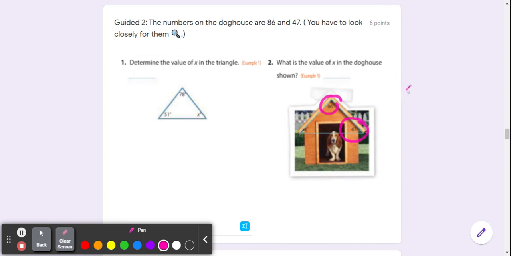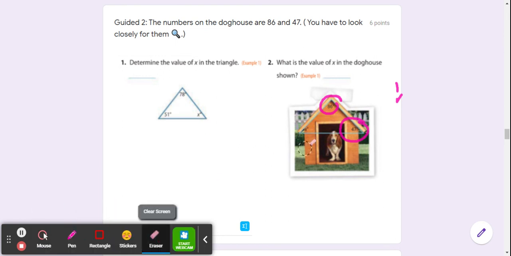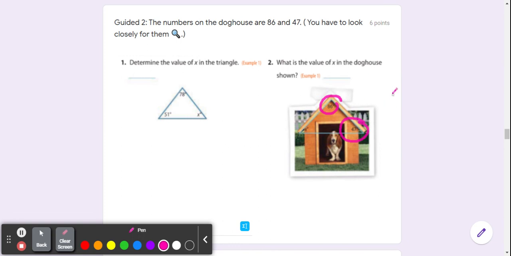So again, I'm going to start with my total 180. Oops, fix that. Start with my 180. And I'm going to subtract the 86 and the 47.